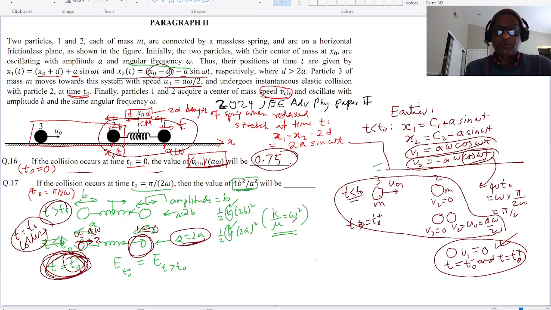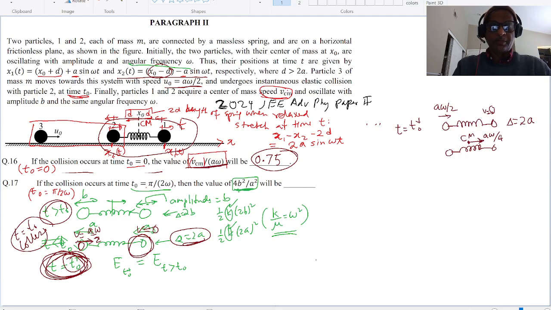As a result, the center of mass will move, right? I personally like to go to the center of mass frame here, because then I'll just look at the oscillation part. I don't have to worry about the center of mass motion. Let me erase and come back. I've got some more space here, so I can draw. At t0 plus, this is the situation. This got cluttered, so I just want a clean drawing.